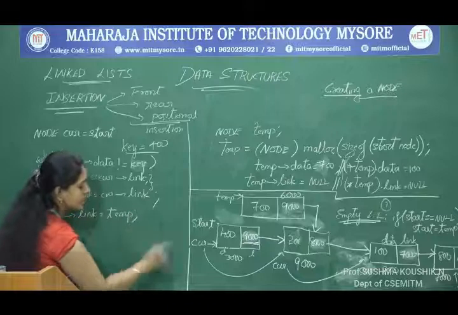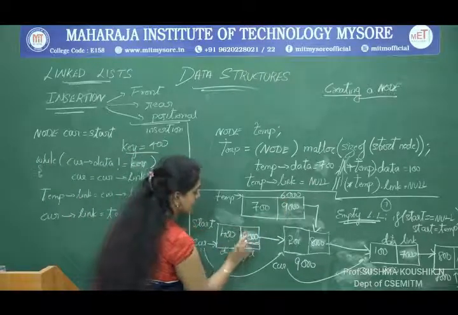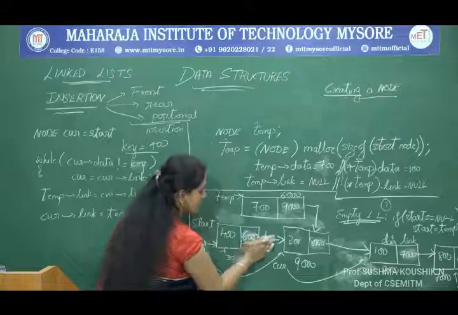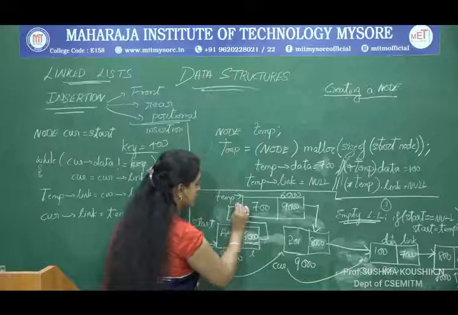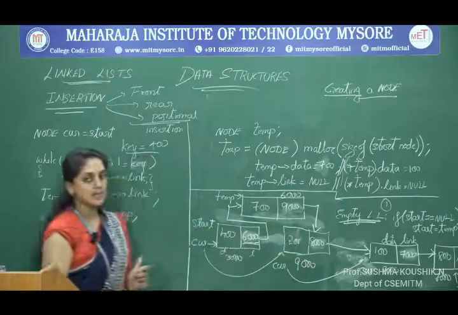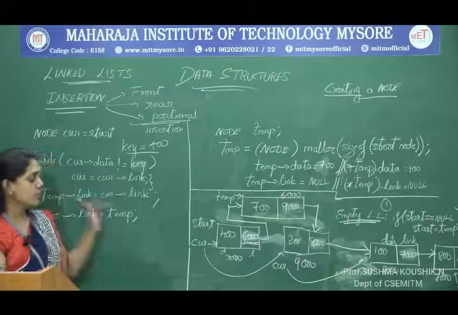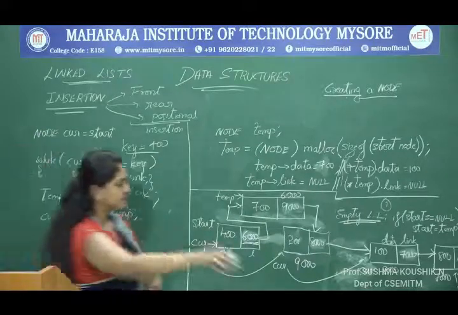Temp is having 6000, so we write this with 6000. So the link breaks over here and the new link is established to this particular node. This is how the positional insertion happens. Is that clear? Do you want to insert one more element over here? We can quickly insert.